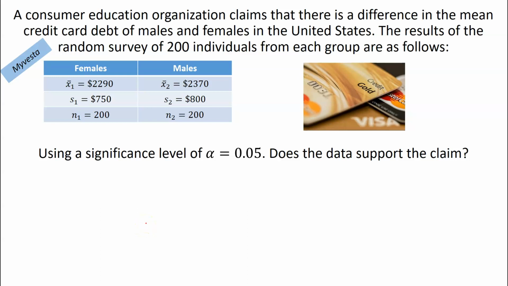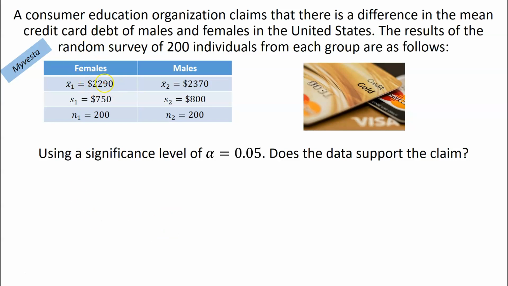Okay, so let's take a look at an example here. A consumer credit education organization claims that there is a difference between the mean credit card debts of males and those of females. Notice it's not whether it's more or less, just that they're different. The results of a random survey of 200 each, so 200 males and 200 females, resulted in the following data.